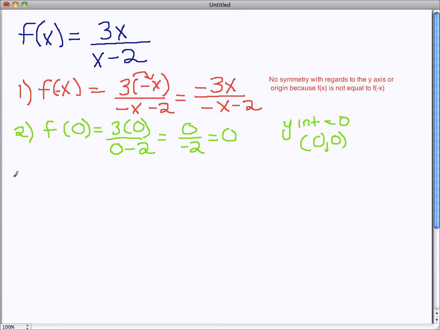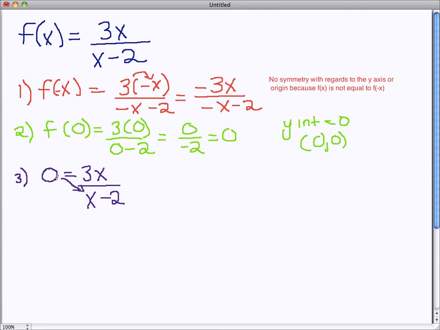Our third step is going to be to find the x-intercept, which is a similar idea to the y-intercept, except it is where it crosses the x-axis, not the y-axis. And we do this by setting the entire function equal to 0 and then solving for x. And we're going to get rid of this fraction because we don't like to deal with fractions by cross multiplying.